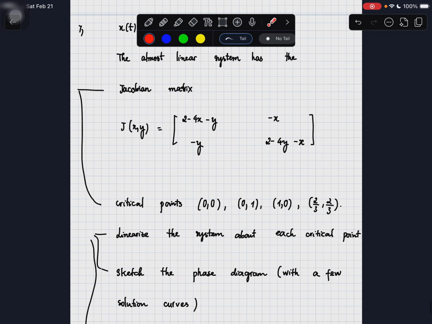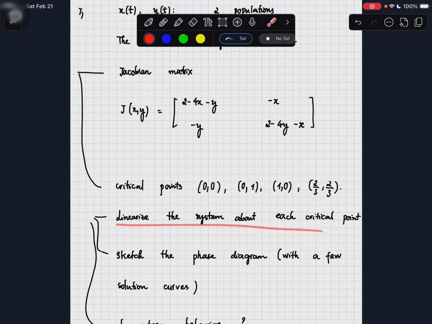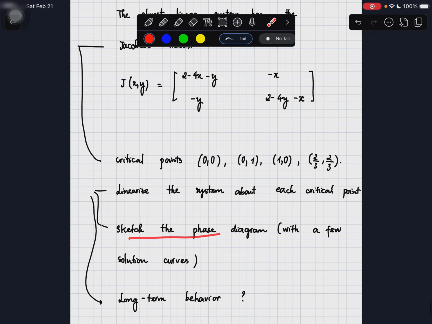So for the first one, you need to linearize at each critical point. You compute the Jacobian matrix at each of those critical points to sketch the phase diagram. So the big picture will be based on what happens around each of those critical points, which depends on the origin of the linearization. There are two special cases though.